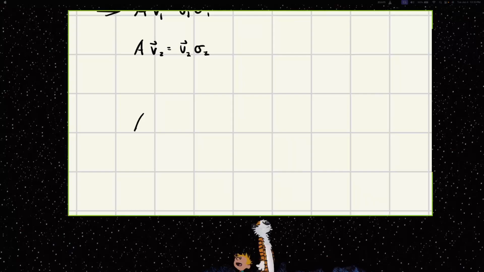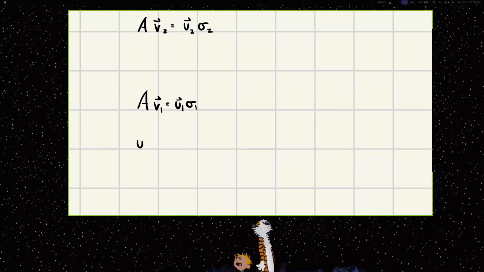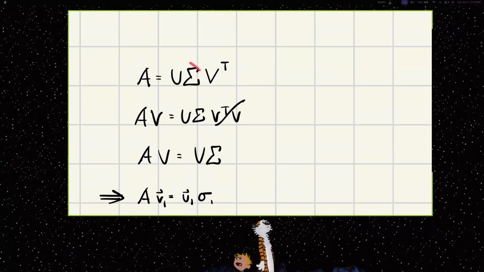So let's consider our first one, U1 sigma 1. If we just divide through, we're going to get U1 as 1 over our singular value times A times V1. So we get 1 over our first singular value, which we recall was the square root of 16, which was 4, times our original matrix A from our decomposition.